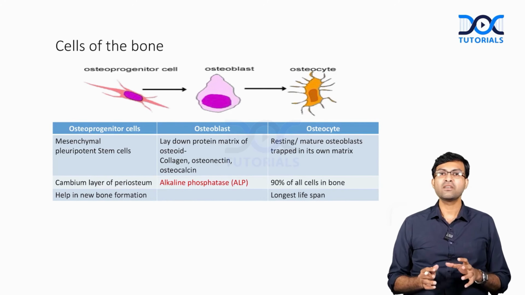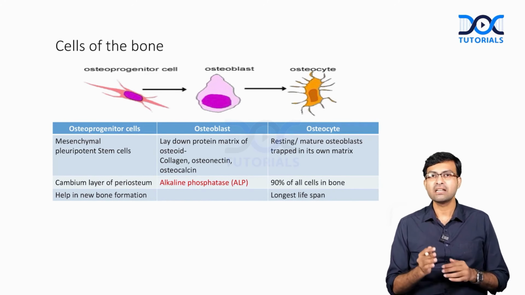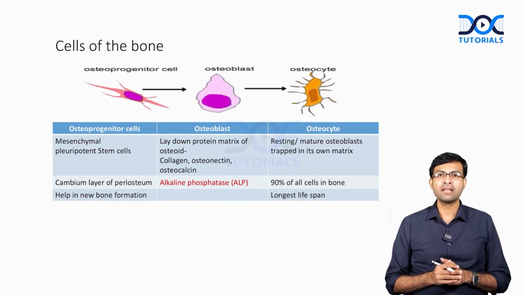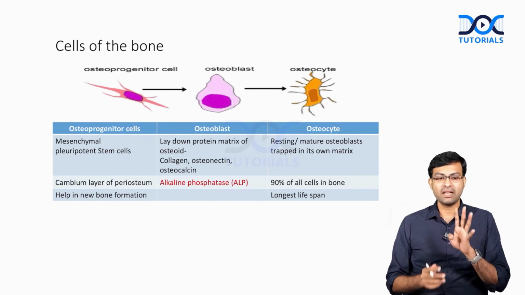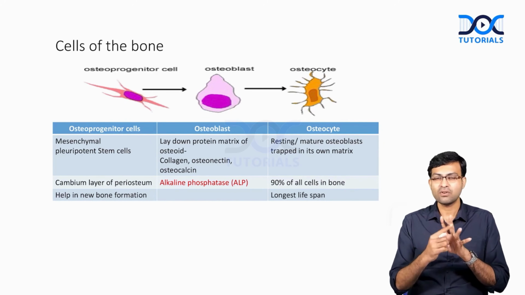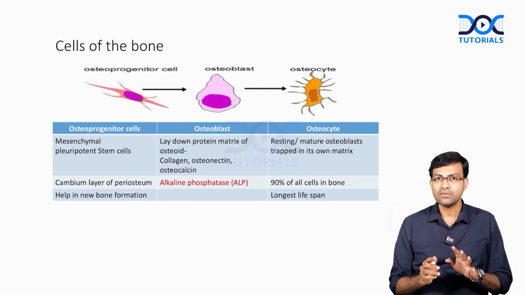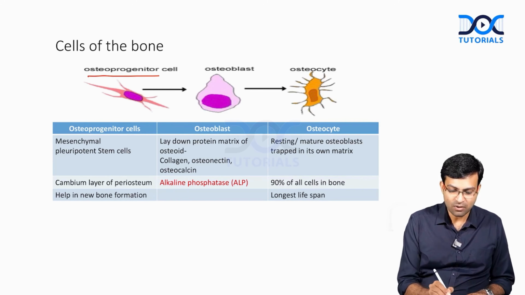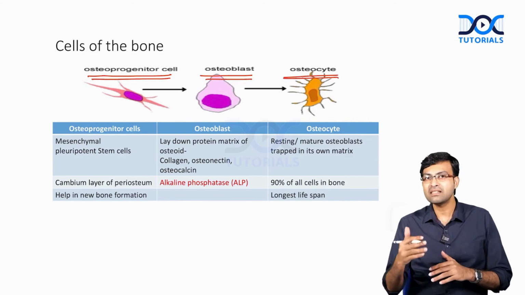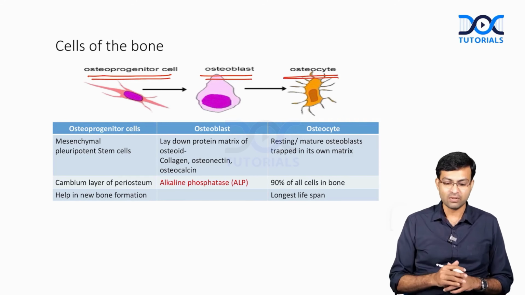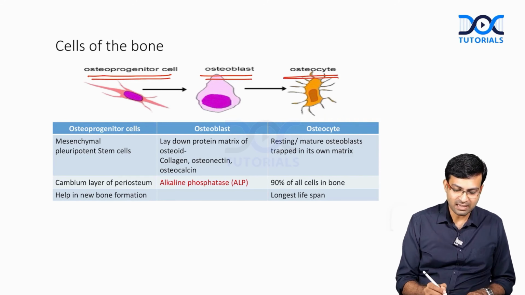Now let's discuss the various cells that we already learned in a little bit more detailed manner. I told you that there are 4 important cells so far, isn't it? One is osteoprogenitor cell, osteoblast, osteocyte and osteoclast. Of these 4, the 3 cells, osteoprogenitor cells, osteoblasts and osteocytes, are pretty much the same cell but in different stages of maturation. Actually, we know that osteoprogenitor cells are seen in the cambium layer of periosteum.